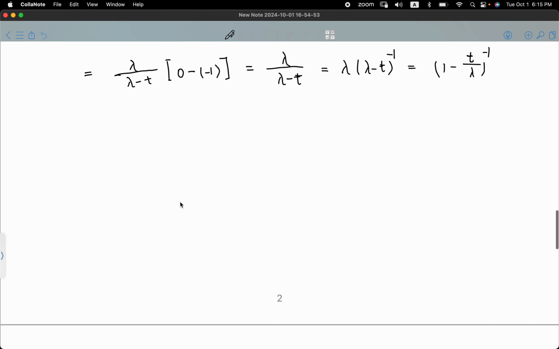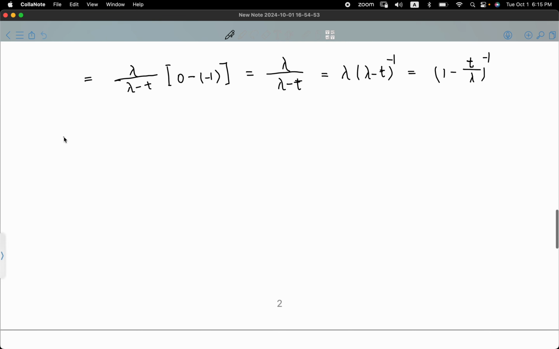Okay, so next, let's find the expected value. Our goal is to verify whether it is equal to this or not. What we are going to do is take the first order derivative, set t equal to 0, and check whether it equals that.